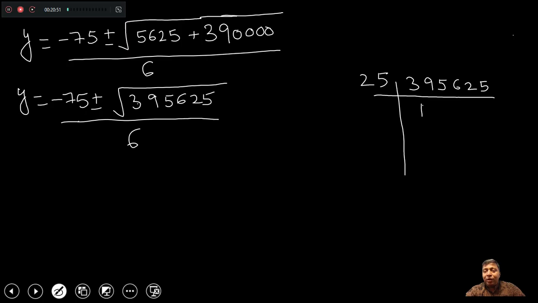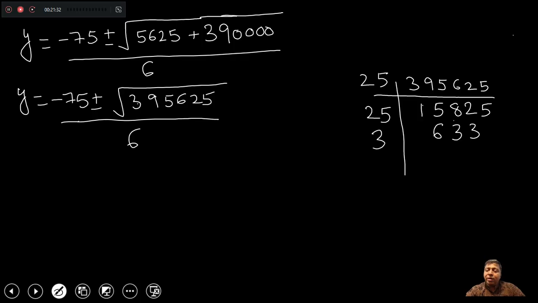So 25 ones are 25, 25 fives are 125, 25 eights are 200, 25 twos are 50, 25 sixes are 150, 25 threes are 75.